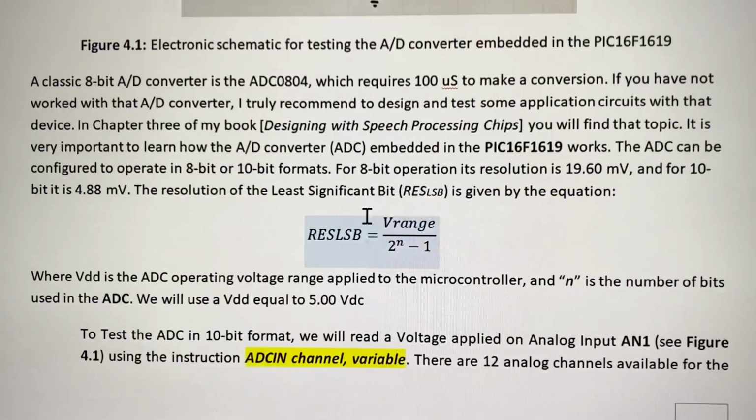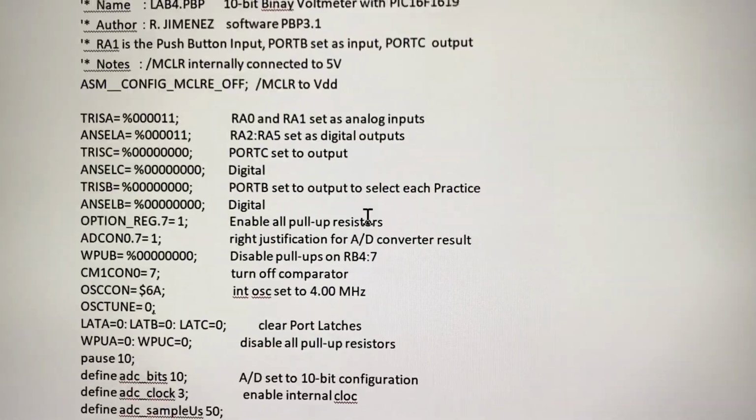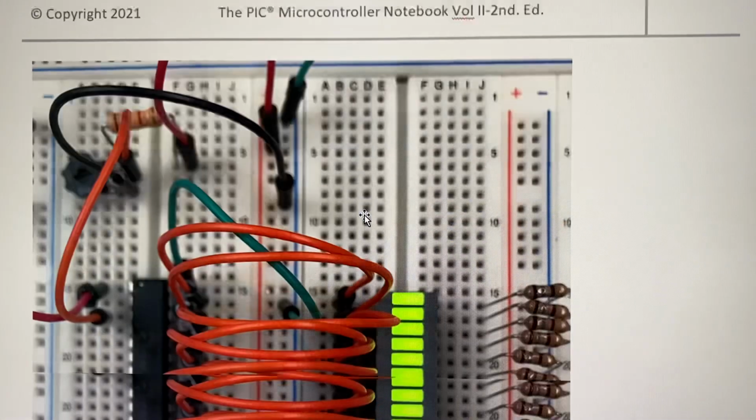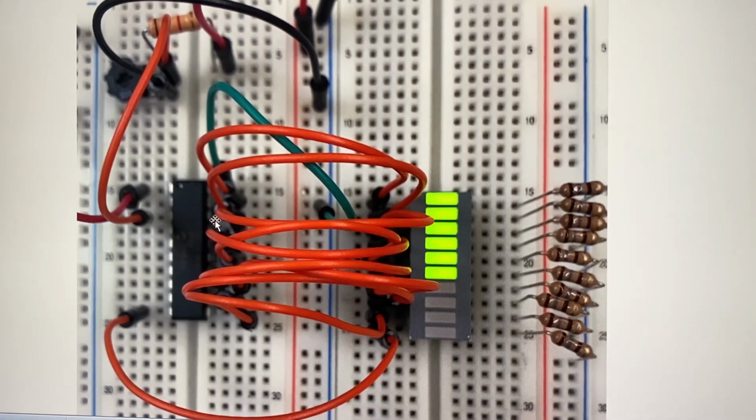To take a look at how the project or this practice looks, this is how it'll look. So you have the A to D converter right here, the PIC 16F1619, and we have a LED bar graph with 10 bits, but we can use 8 or 10.